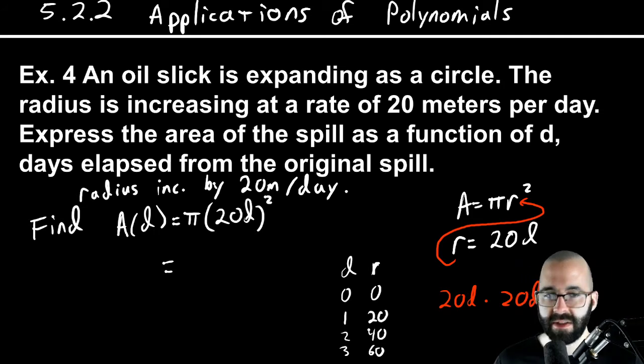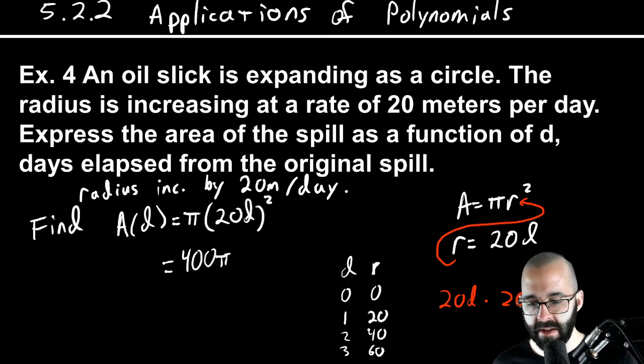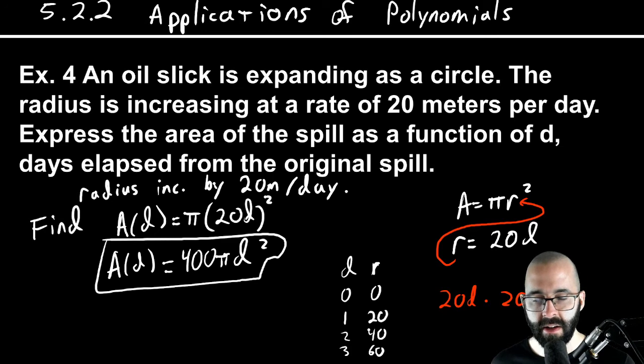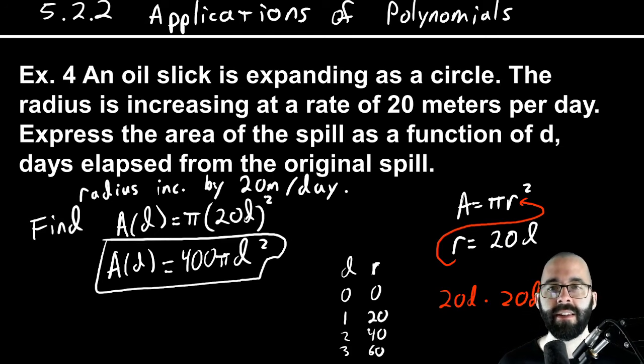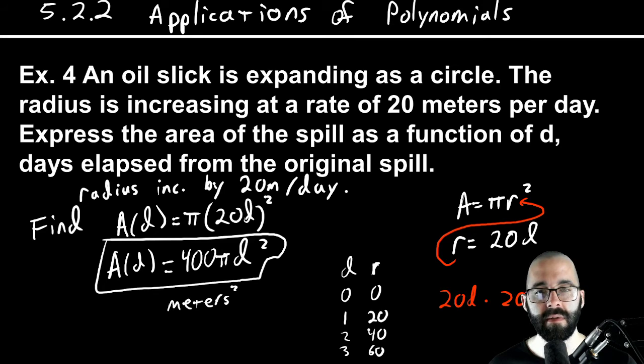That's what it means to square something. 20 times 20 is 400. There's still a pi. d squared is d squared, and here is our answer. That is the area in meters squared after d days.